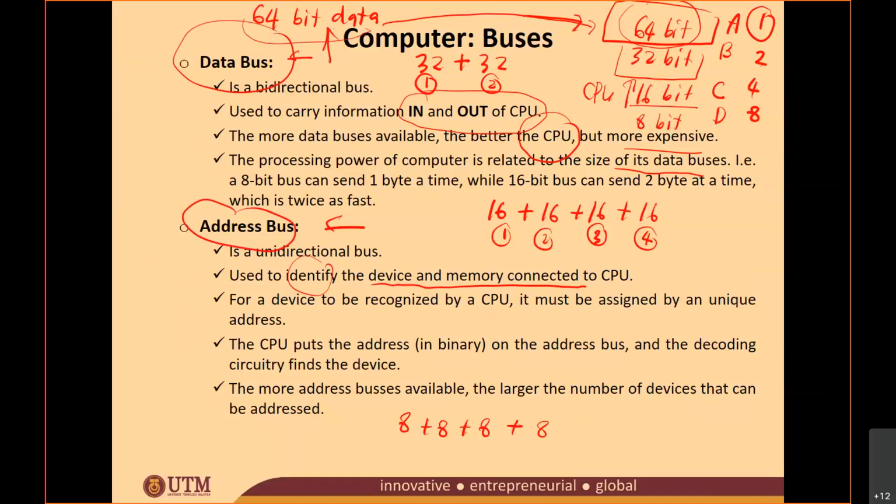Ataupun another example. Okay, you're going to send a message to your friend. Okay, macam mana nak send SMS? So you need to know the phone number of your friend. Okay, kalau kamu tak tahu dia punya phone number, macam mana kita nak hantar SMS? Okay, so that is how the address bus works, di mana dia used to identify the device and memory connected to your CPU.